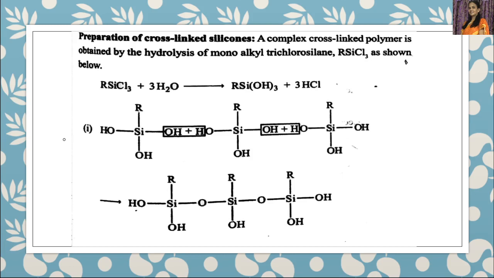And when this intermediate undergoes polymerization, water molecules are lost from the terminal OH groups and we get a cross-linked polymer. This is a linear polymer, and these linear polymers combine to form a cross-linked polymer.